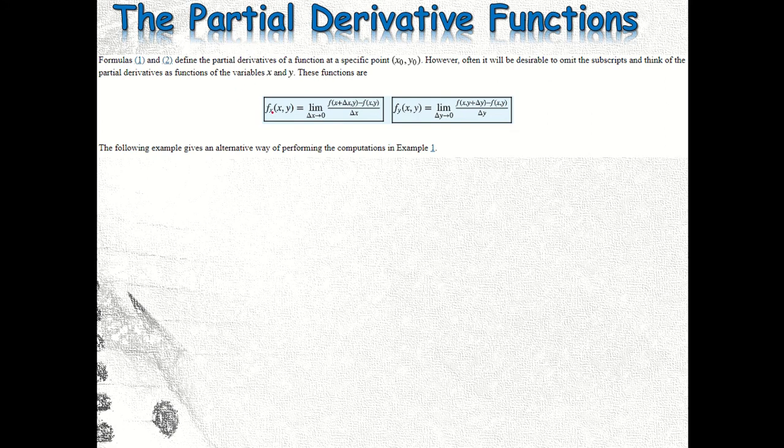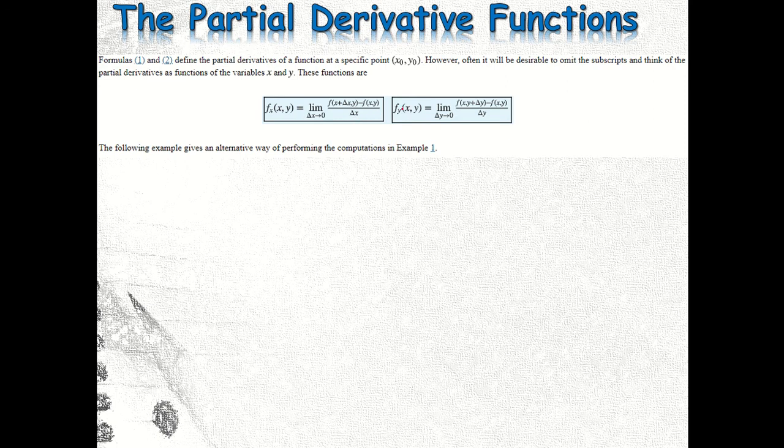The partial derivative of f of x and y with respect to x is equal to the limit of f of x plus delta x, y, minus f of x and y, divided by delta x, as delta x approaches 0.